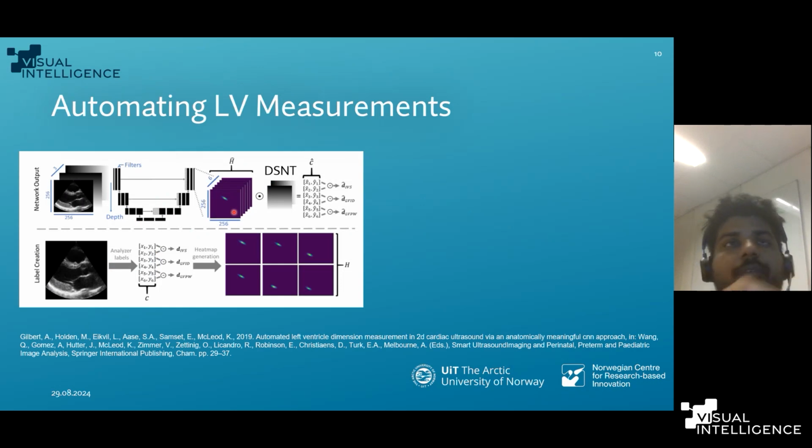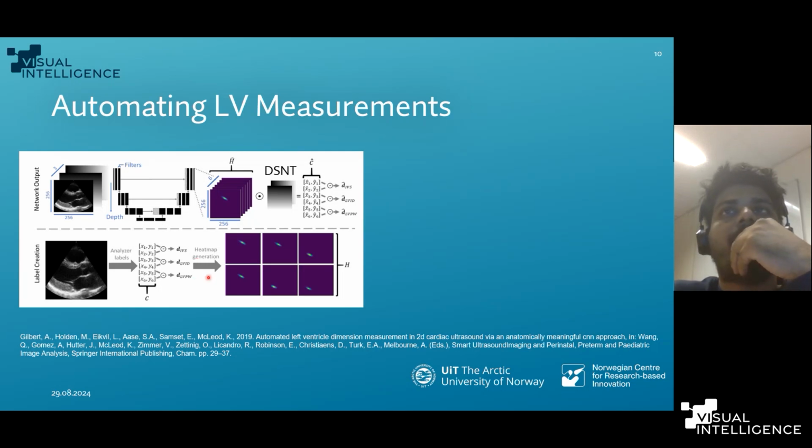So I will now discuss an approach in this slide, and in a couple of slides later, I will highlight why we need to exactly determine the landmarks for left ventricle measurements, because the exact location of the landmark becomes important when we are doing measurement-based analysis for left ventricle structures.